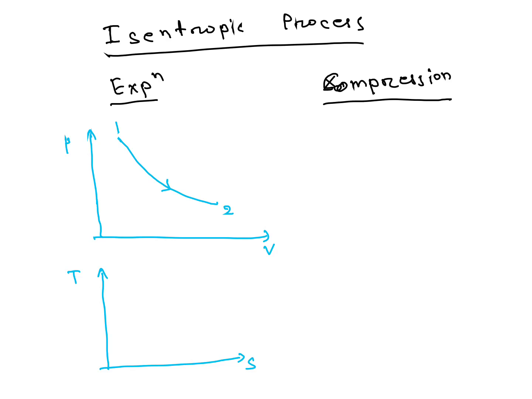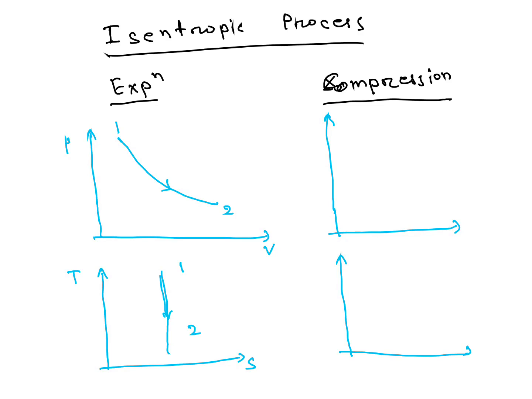And for compression, isentropic compression, PV diagram and TS diagram. Initial to final. This is PV diagram, TS diagram, parallel to y-axis, initial to final.